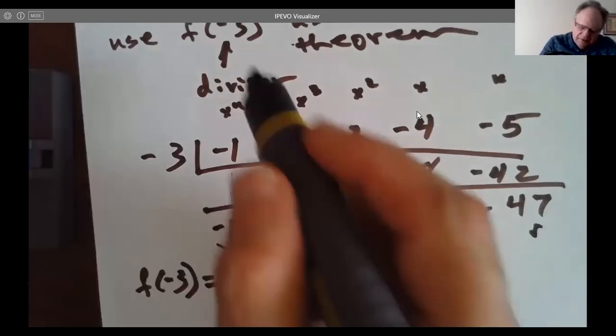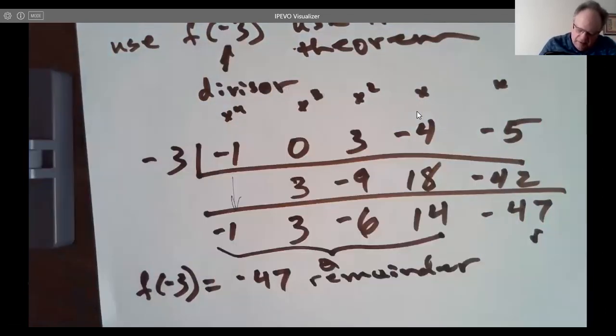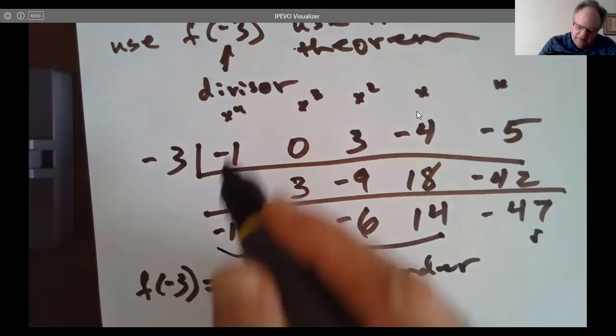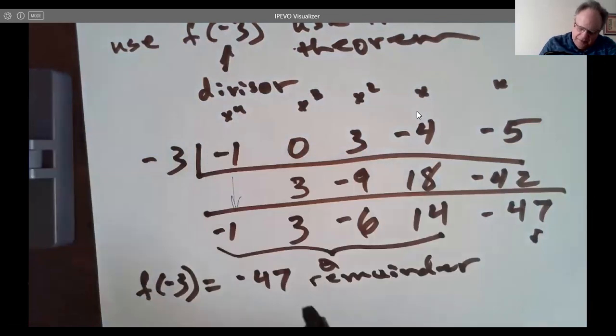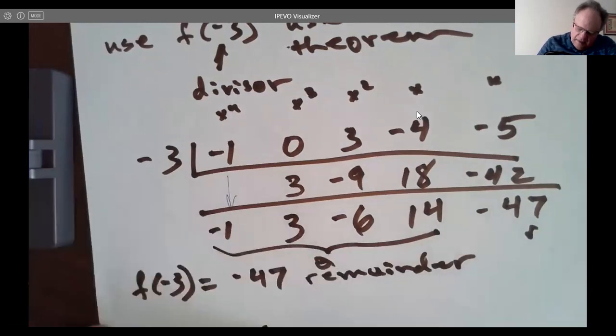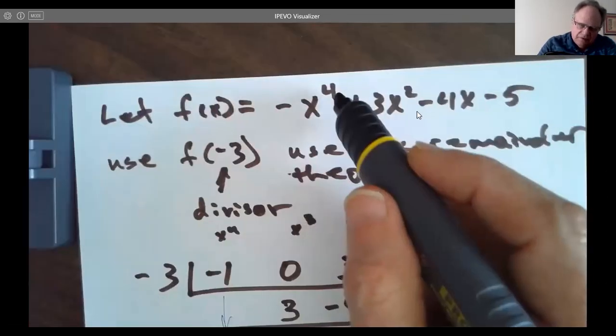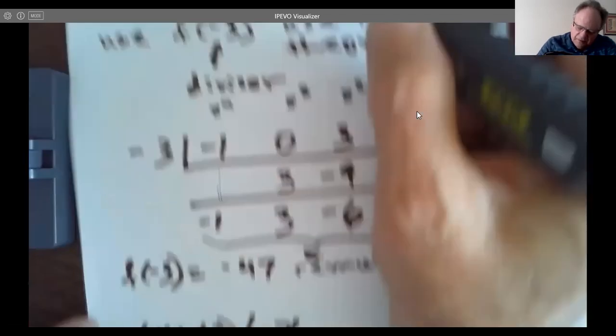Since our divisor is negative 3, this would be x minus a negative 3, which would be x plus 3. You have to use the additive inverse when you put it in. Then you put negative x cubed, since we divided and took away one of the x's, so instead of starting with x to the 4th, we start with x to the 3rd.